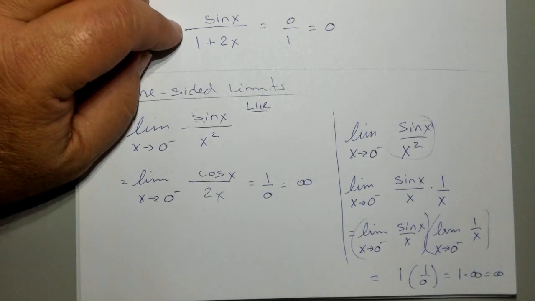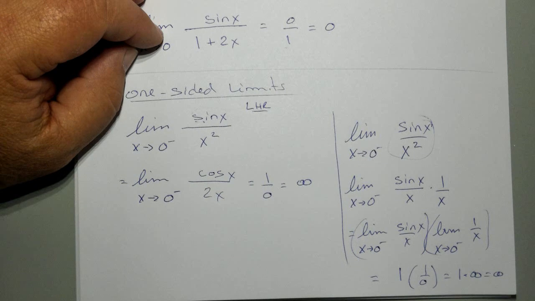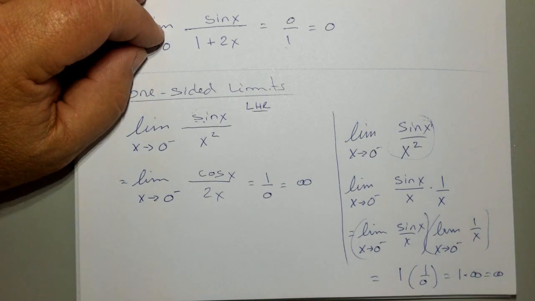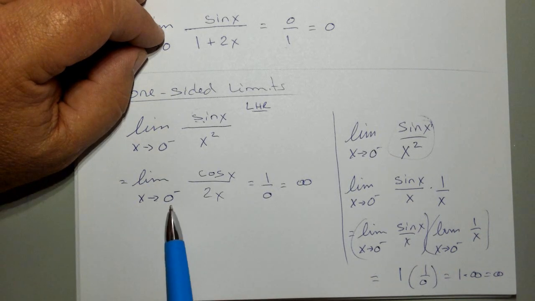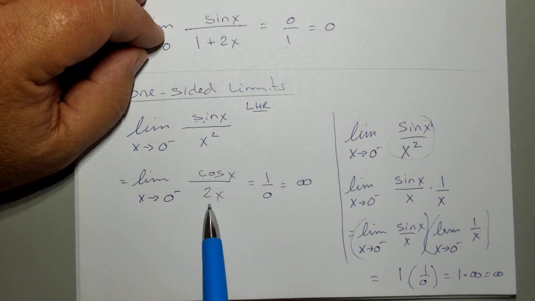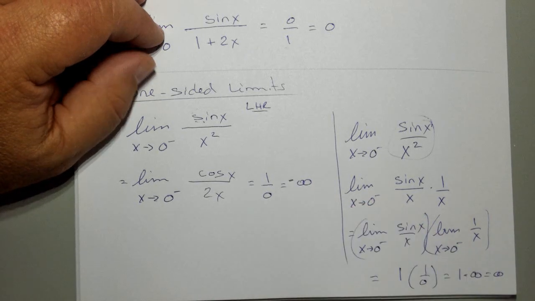Now, we're going to infinity, yes, but we're going to the wrong infinity. Remember, which side are we approaching 0 from? The left. So what sign are the numbers from the left? Negative. So the denominator will be negative. So we're approaching negative infinity.